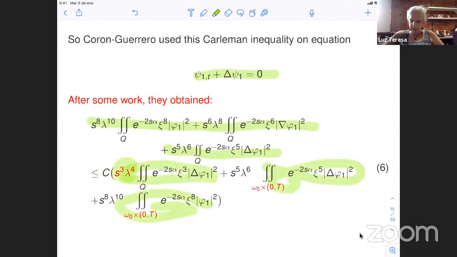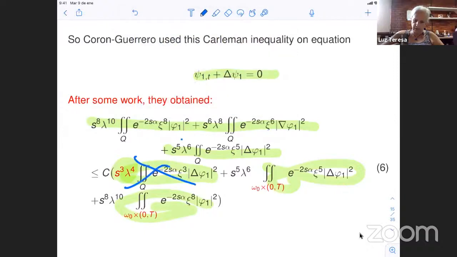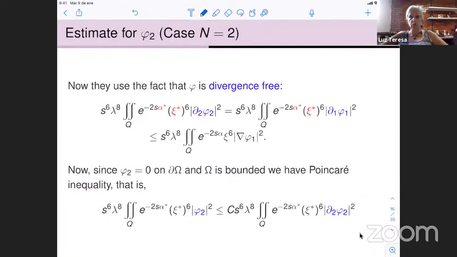Observe that with these powers, they can be absorbed for s and lambda large enough, so you can eliminate those terms. And you have some local estimates on the right-hand side. And there, you use the fact that the solution of the Stokes system is divergence-free.